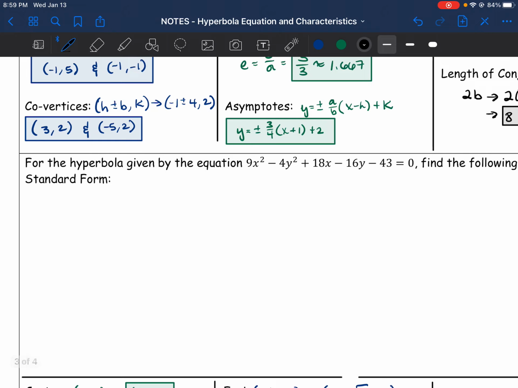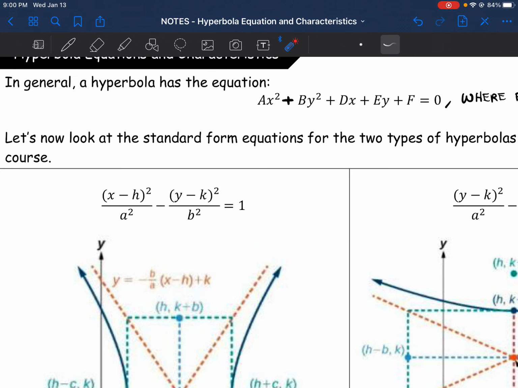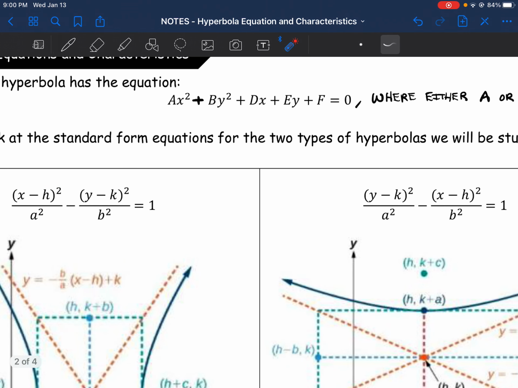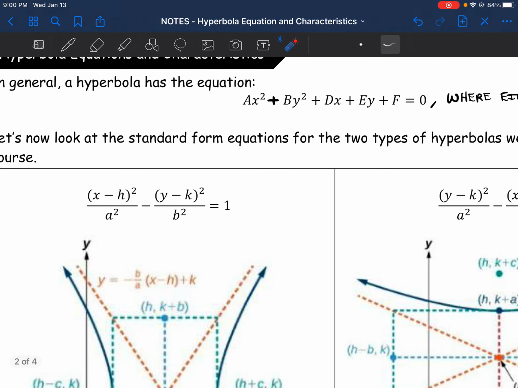All right, so completing the square is how we're going to go from general form to standard form, just like with ellipses, just like with circles. Let's start collecting the x variables and the y variables together. Remember, if you look at the equations for hyperbolas, either x can go on the left or y can go on the left. The way that you determine which one goes first is by which one is positive. Is the x positive or is the y positive?